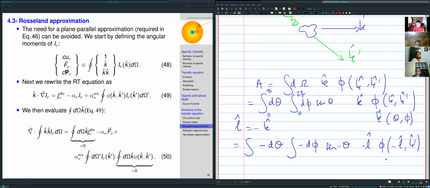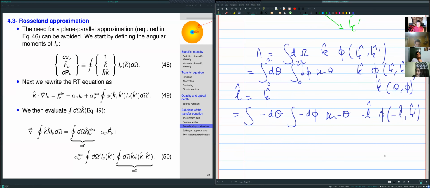Now this one is even, so it's the same as the others, and we have finally that this goes from 2 pi to 0. Maybe I should put a subscript.